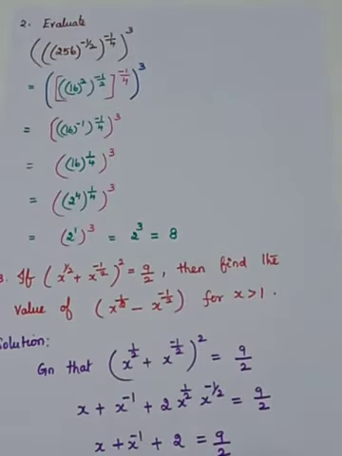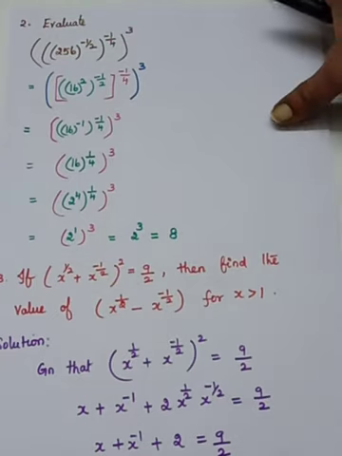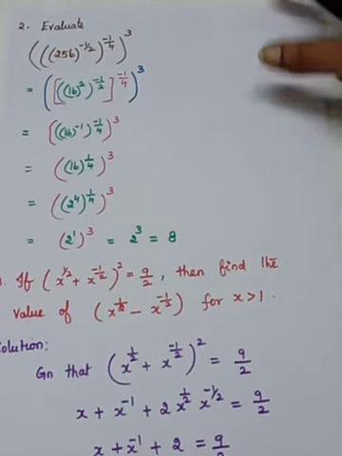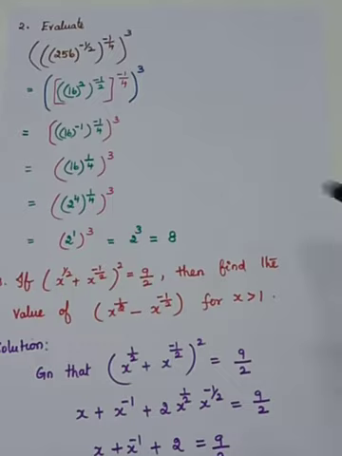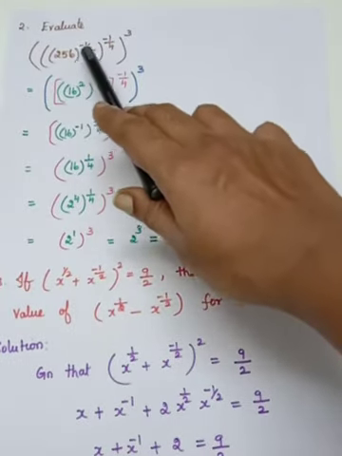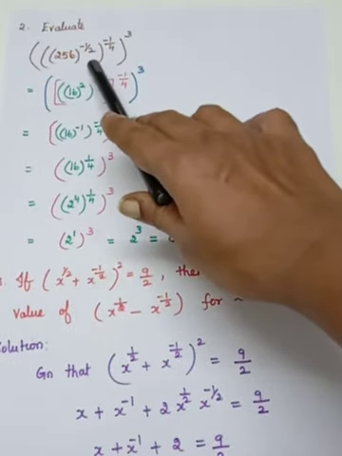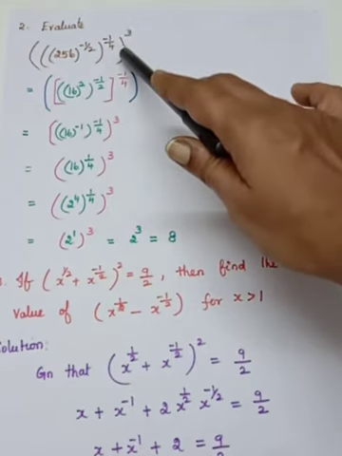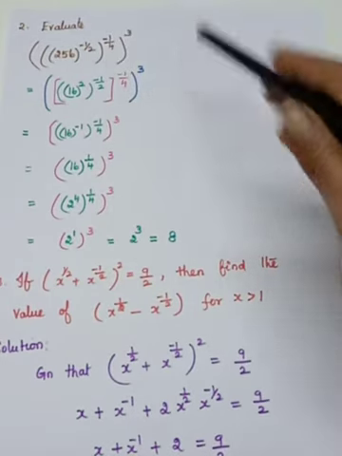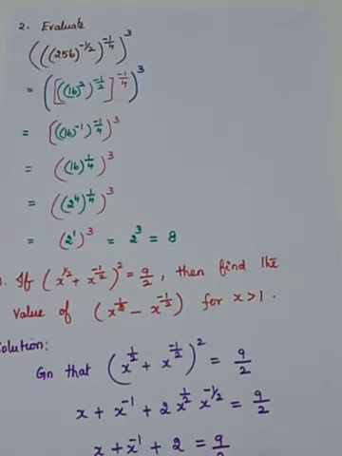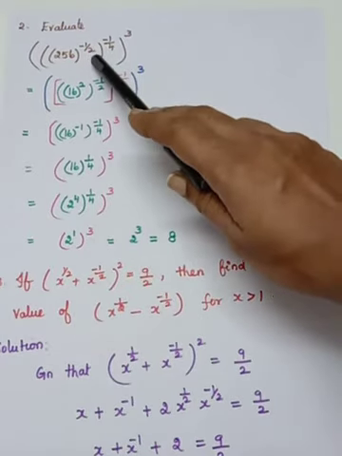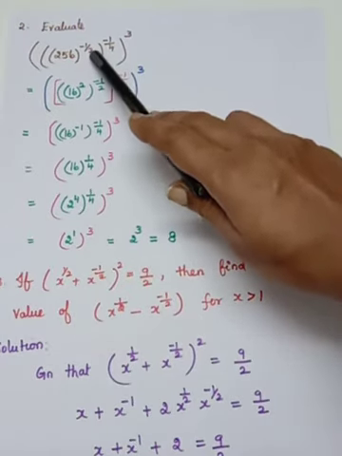Okay, so we'll come to the second problem. Evaluate, you see the question: 256 the power minus 1 by 2 to the power minus 1 by 4 the whole to the power 3. In the bracket, inside the bracket terms, here you are having 2.